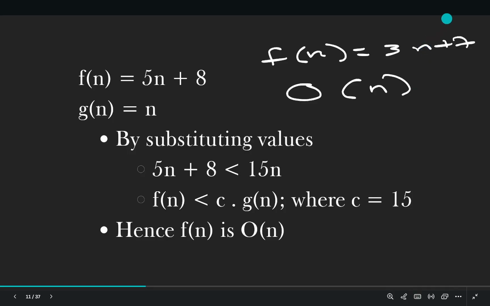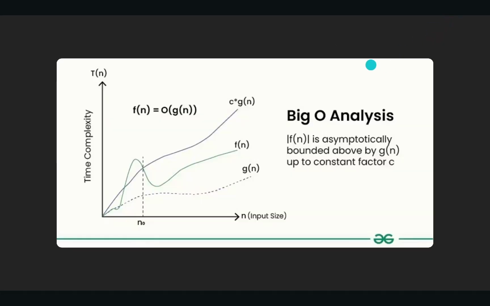So if we go to the graph over here, it says that g(n) can be any function. It just has to be above f(n) once it's multiplied by a constant. Don't think too much about this. This is a very simple concept. It just gives an upper boundary, a function that stays above f(n) after a particular value.